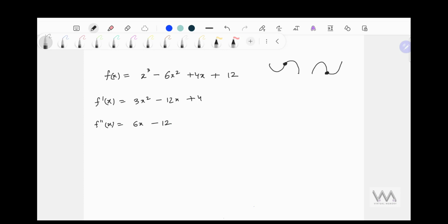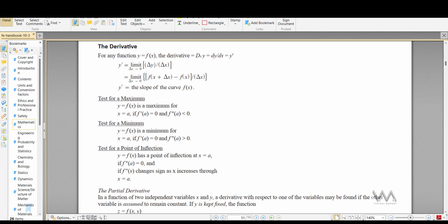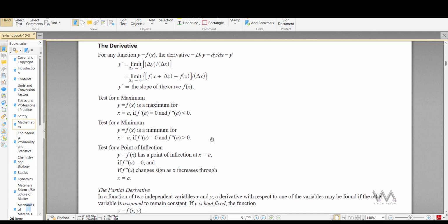Now if we look at the FE handbook, to test for an inflection point, it says the second derivative is 0 at that point, and the second derivative changes sign as x increases through x equal a. So the first thing is second derivative equals 0.